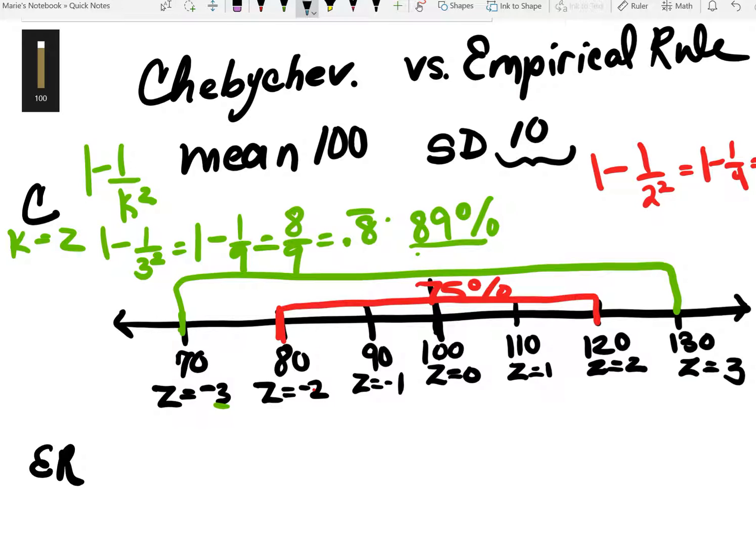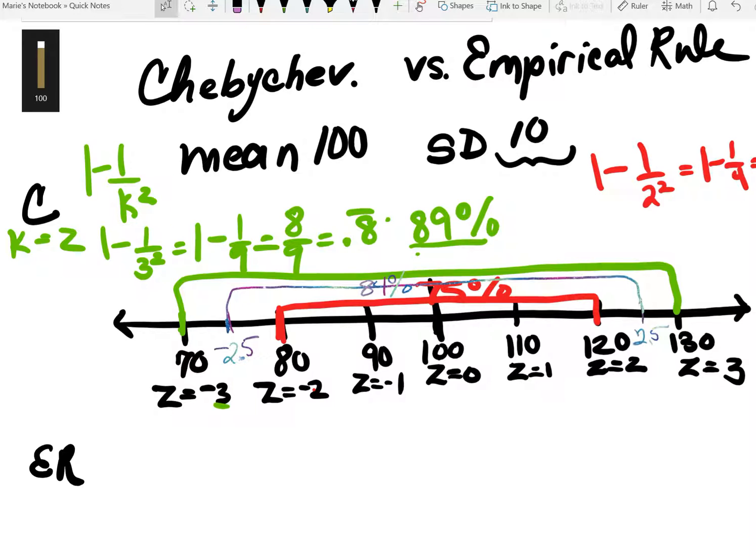Now I can tell you that in the midpoint between these two, you have the -2.5 on this side, and on this side you have the +2.5 for z-score, or for k value. And when you look at these two scores here, according to Chebychev, 84% of the data falls in between those two values.